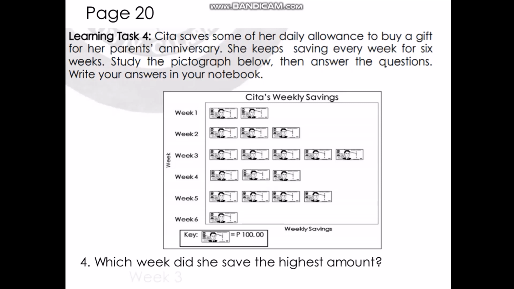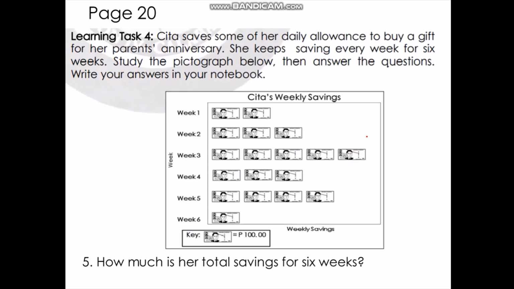The answer is week 3, because in that week she got 100, 200, 300, 400, 500. Next, number 5, how much is her total savings for 6 weeks? Add these up. The correct answer is 1,800 pesos. That's big, right? Good job, Sita. If you got all 5 correctly, very good.